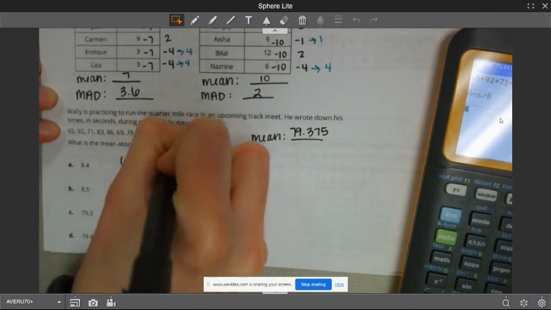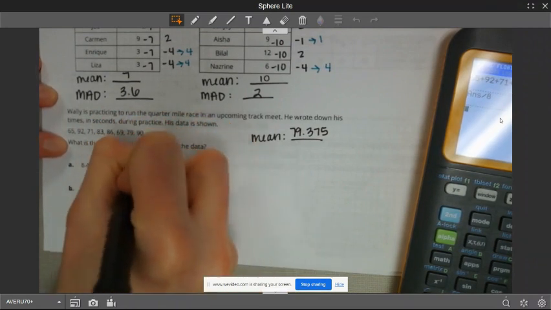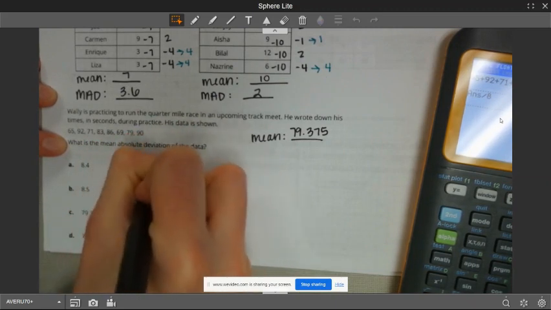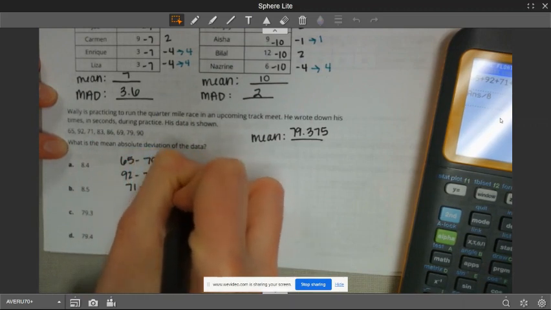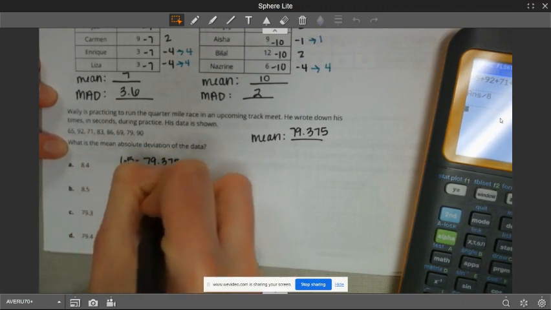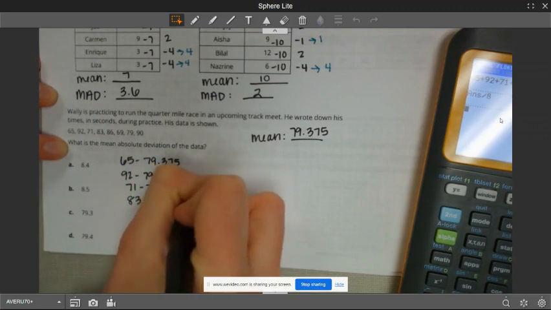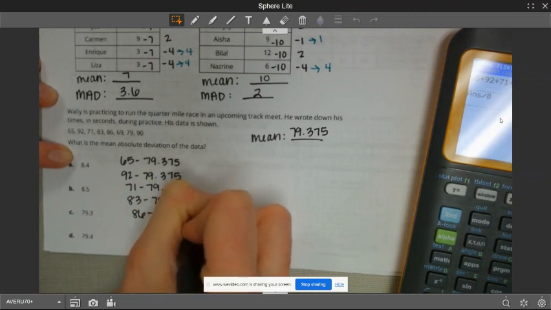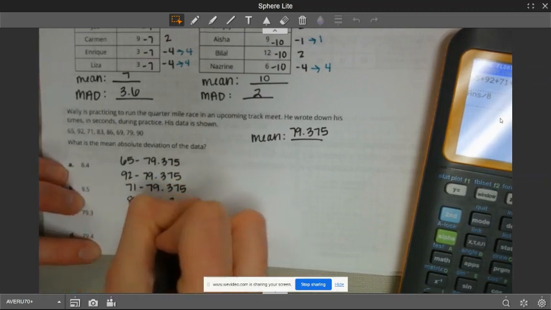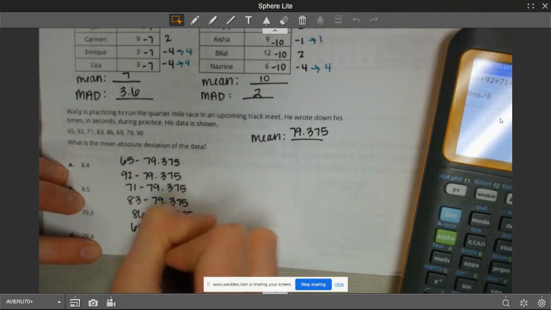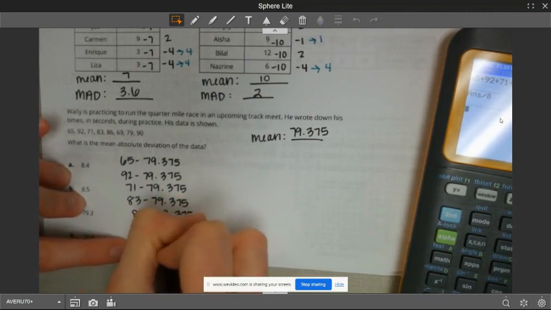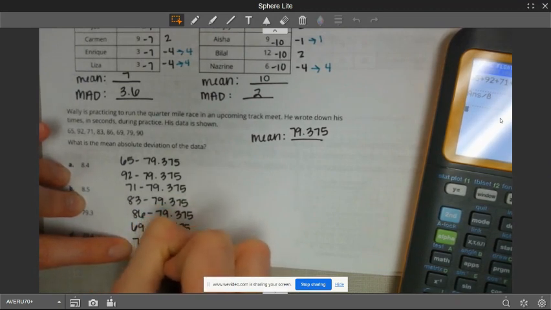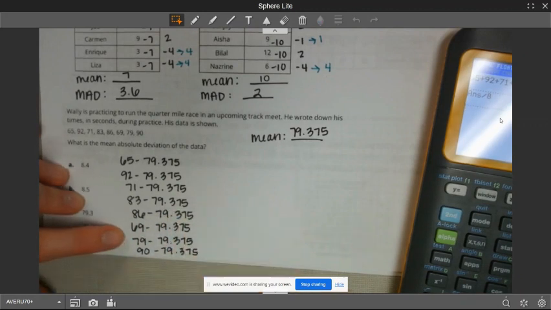So we have 65 minus 79.375, 92 minus 79.375, 71 minus 79.375, 83 minus 79.375, 86 minus 79.375, 69 minus 79.375, 79 minus 79.375, and 90 minus 79.375.